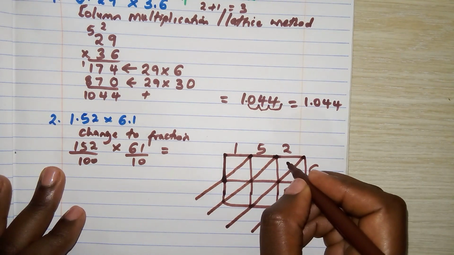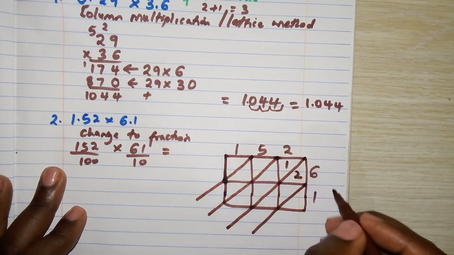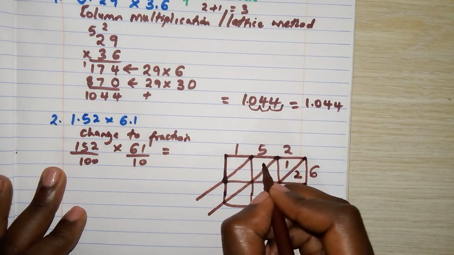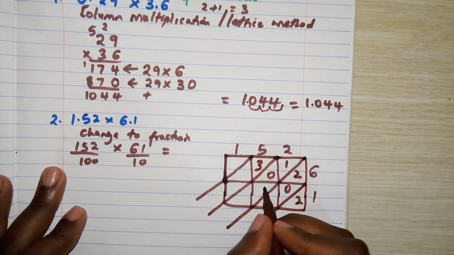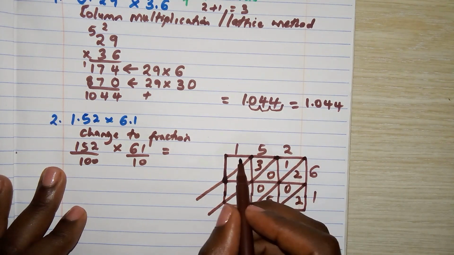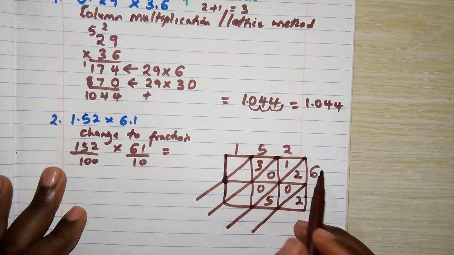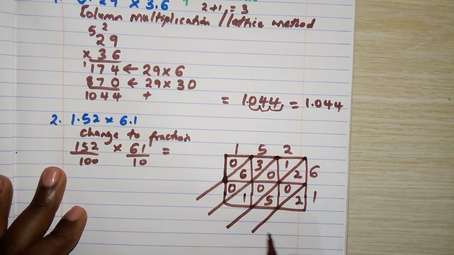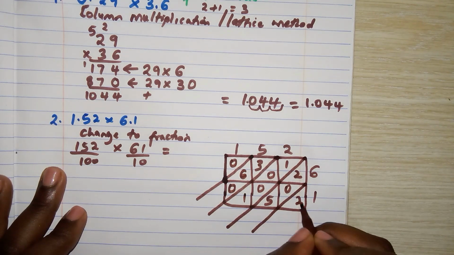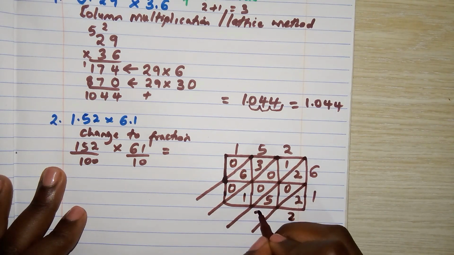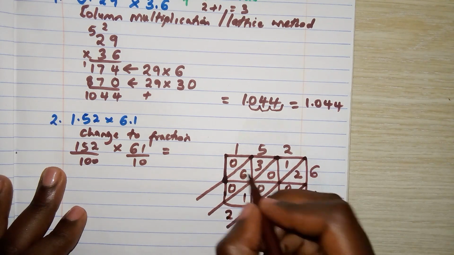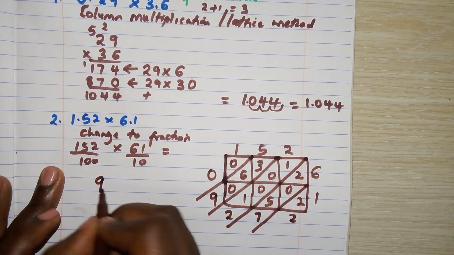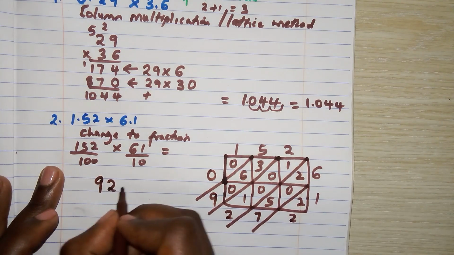So 2 times 6 is 12, 2 times 1 is 02, and then 5 times 6 is 30, 5 times 1 is 05, and then we have 1 times 6 is 06, 1 times 1 is 01. So here we go ahead and we add. 2, then 7, 1 plus 1, 2, 6 plus 3, 9, and 0. So we have 9272.